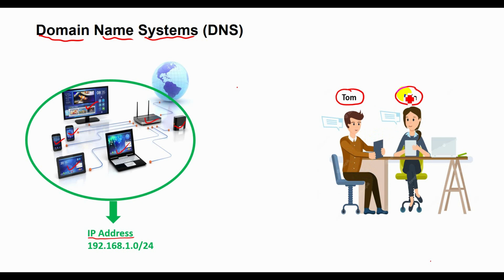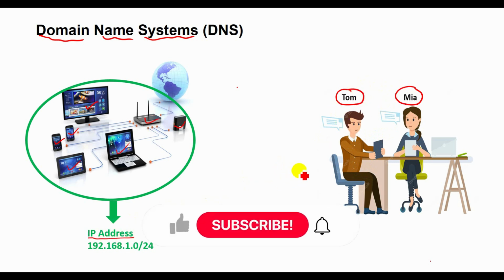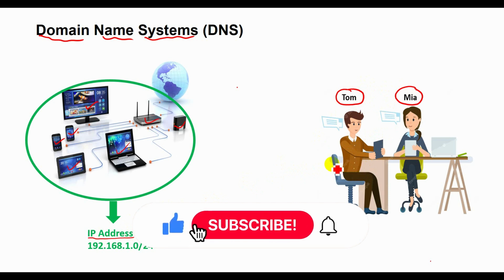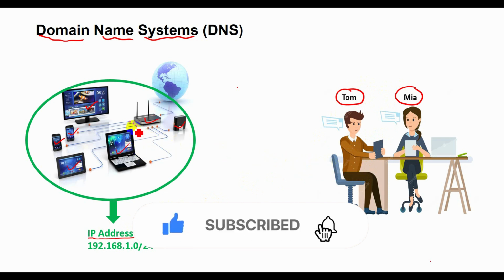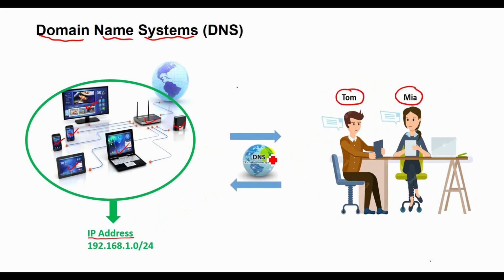Humans identify with names instead of numbers. So, in order to bridge the communication gap between computers and humans and make the communication a lot easier, networking engineers developed DNS or domain name system.